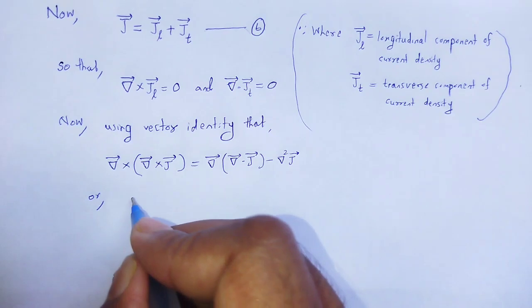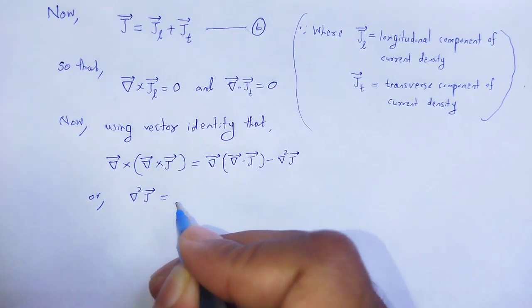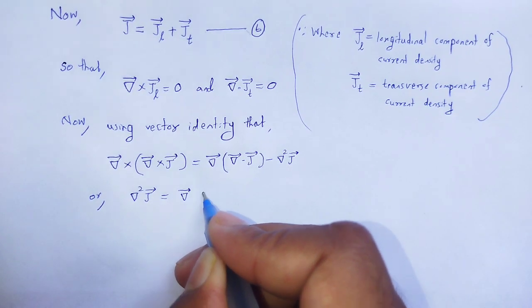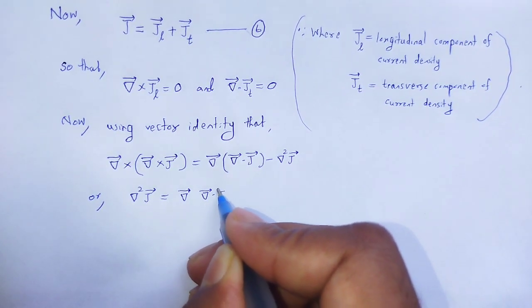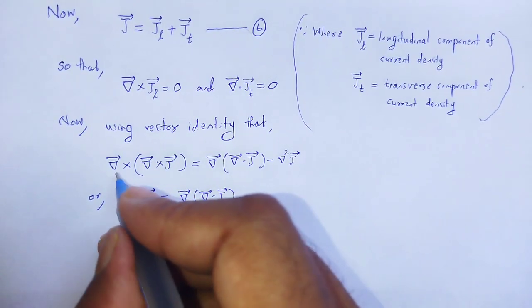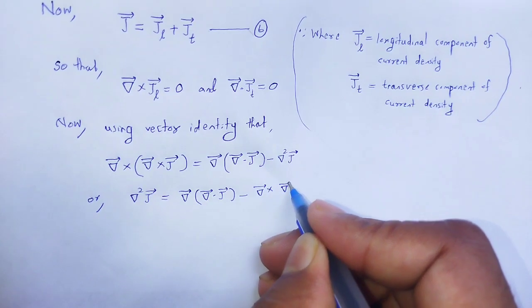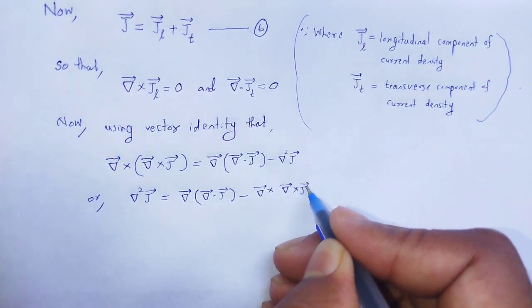Or grad square j is equal to grad of grad dot j minus grad cross grad cross j.